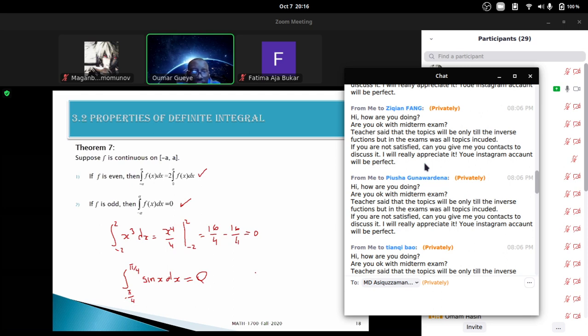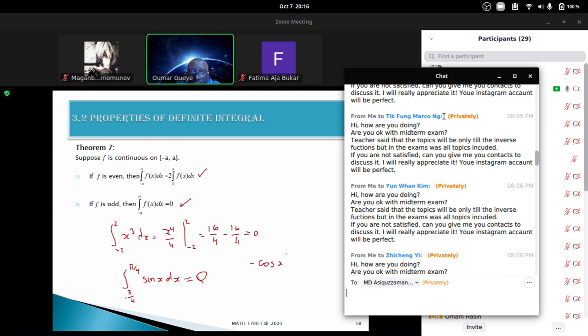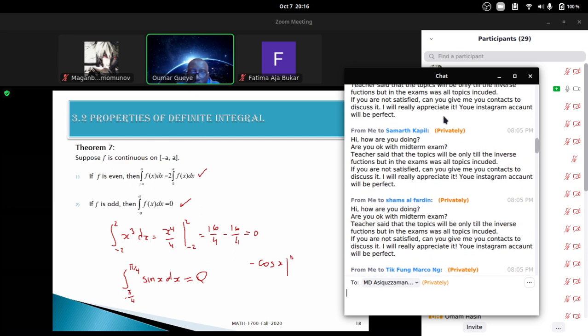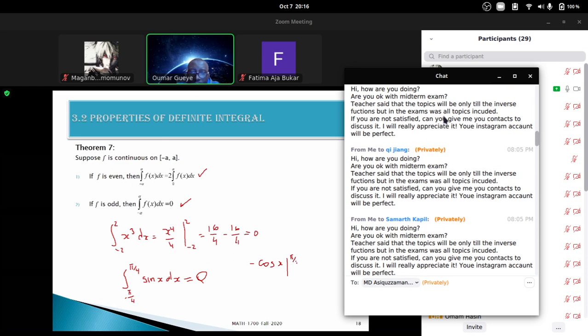If you do the calculation, you will get 0 too. You get minus cosine as the antiderivative, and you take it at pi by 4 and at negative pi by 4.